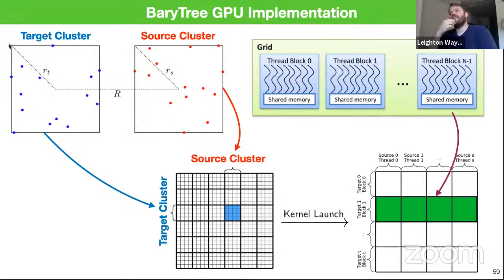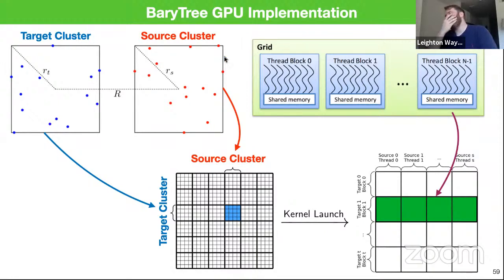So you can imagine here, this is our set of target particles. This is our set of source particles. On a GPU, you have these two levels of parallelism, right? You have these blocks of threads, which is one level of parallelism. And then within each thread block, you have all these individual threads that have some shared piece of memory.